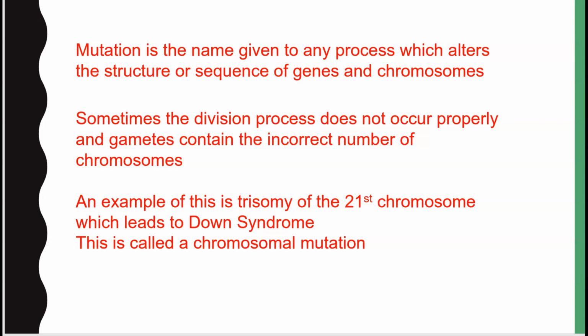So a mutation is the name given to any process which alters the structure or the sequence of the genes or the chromosomes. So it may be that, and we'll look at it in a minute, that the order of the letters has changed when the DNA replicated. It might have been that one extra base was added in or one was actually deleted, which then obviously changes, for want of a better word, the words in the book.